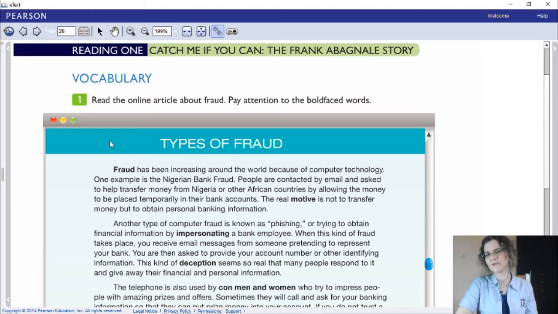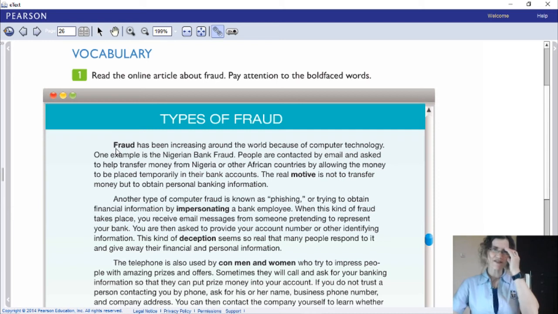And synonyms are important. We use them a lot in academic English because in our writing, we do not want to be repetitive. It is not good to keep repeating the same words. So that's why we need a whole lot of synonyms in order to make sure that our work is not repetitive. We also look at the words and phrases in context of the text, and that's what we're going to do first.